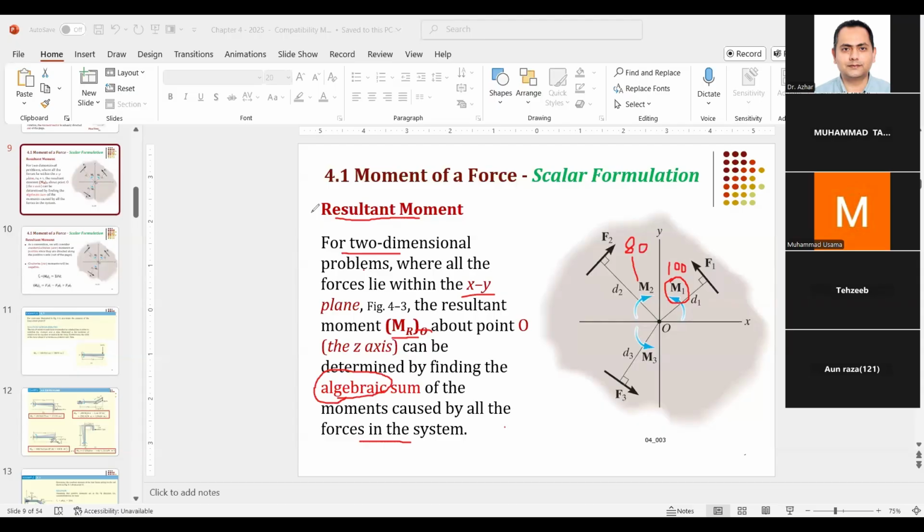We will see. And the other question is whether clockwise is the negative sign. We will decide later. Clockwise is negative or counterclockwise is negative, it's up to our own choice. Actually, our objective of learning this is ultimately to analyze the structures.